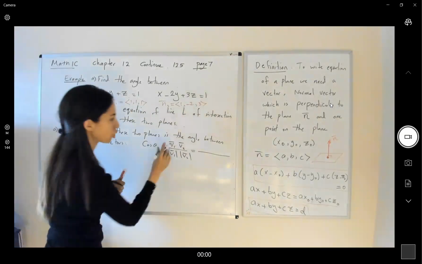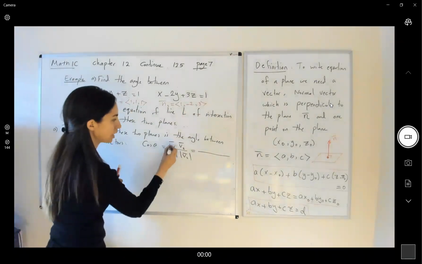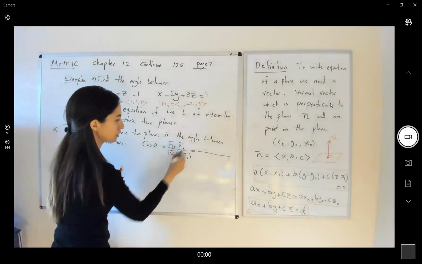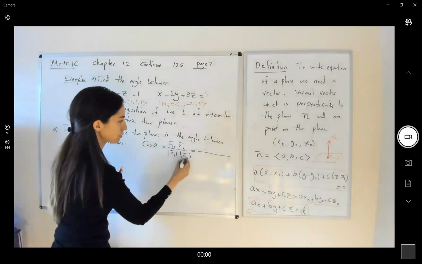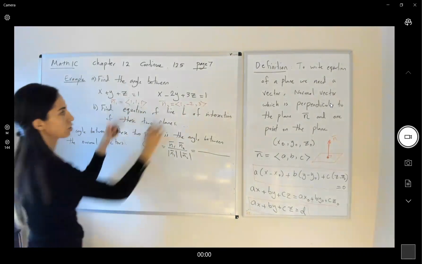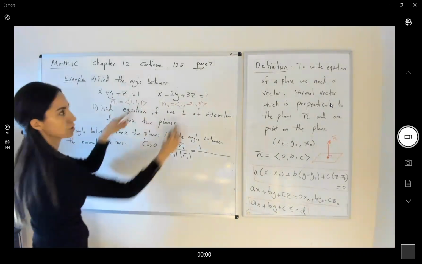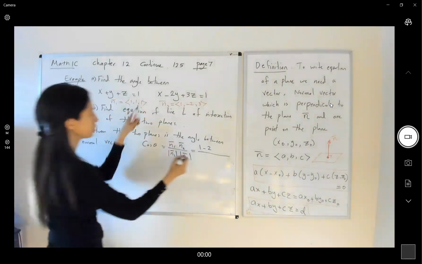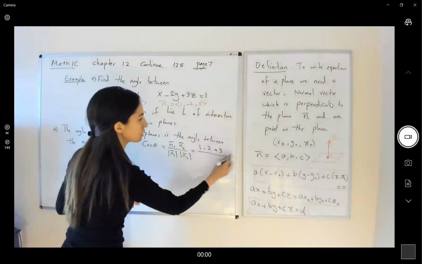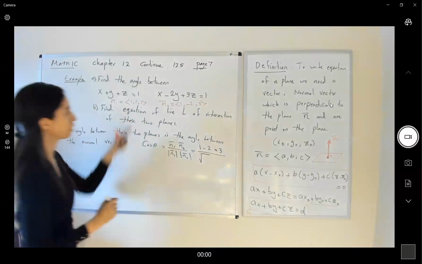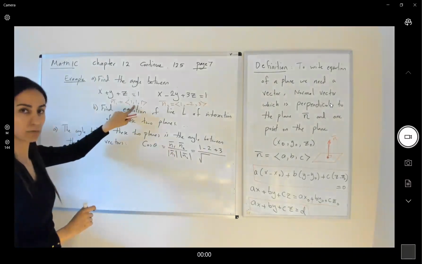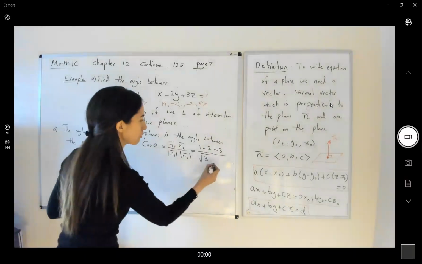So here you have 1 times 1, 1, 1 times -2, -2, 1 times 3, plus 3, divided by the magnitude of the first vector. The magnitude of the first vector is 1 plus 1 plus 1, which is square root of 3.